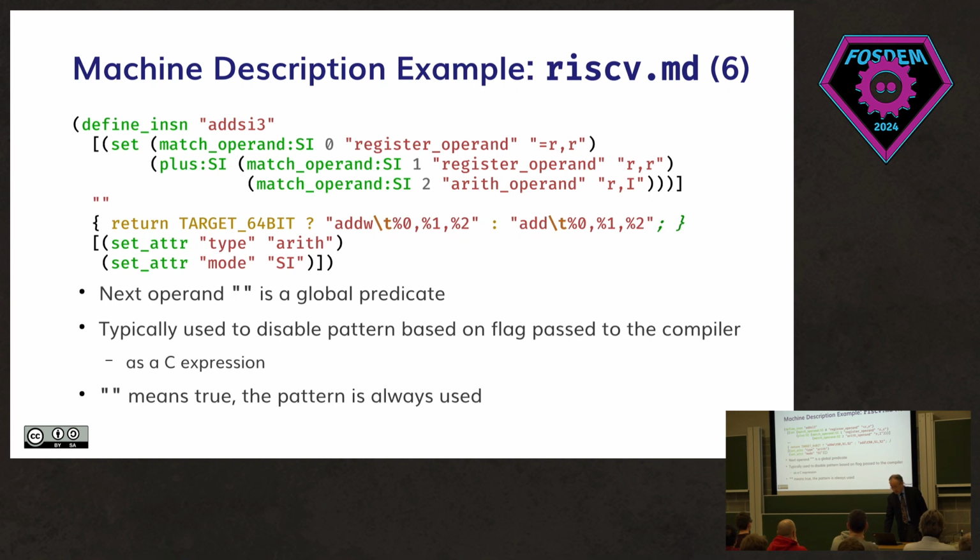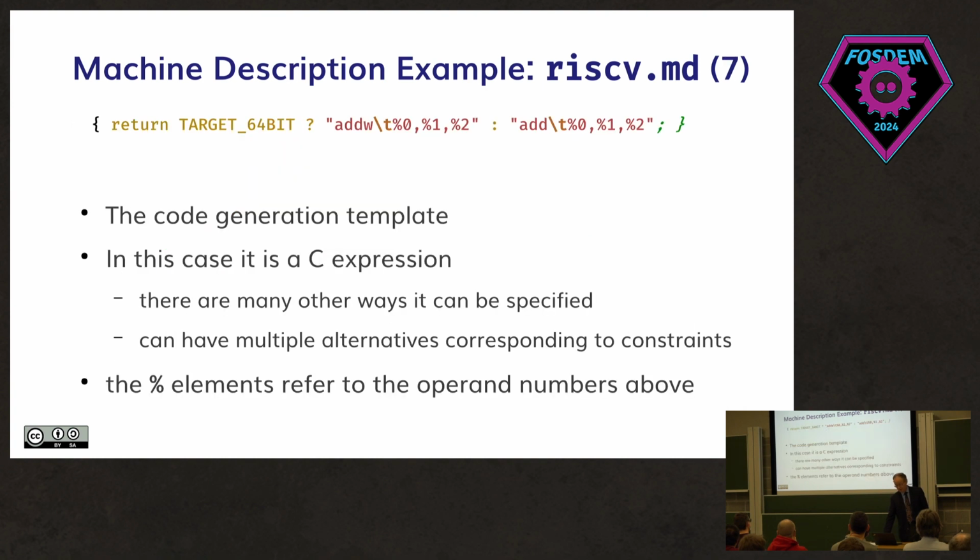The next line, which is just empty here, is often for a global predicate. That could be where you put one of your flags. So you may have a predicate like, is this soft multiplication, in which case I can't generate a multiply. And empty means true, just always do this. Then the code generation template is just a C fragment. In this case, if it's a 64-bit architecture, then generate the string add word and so on.